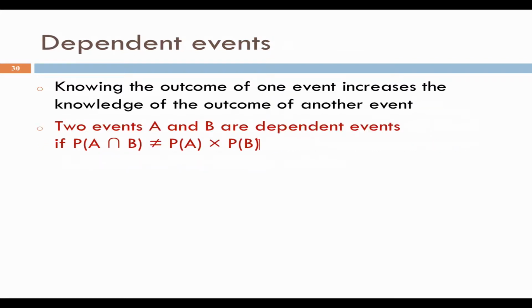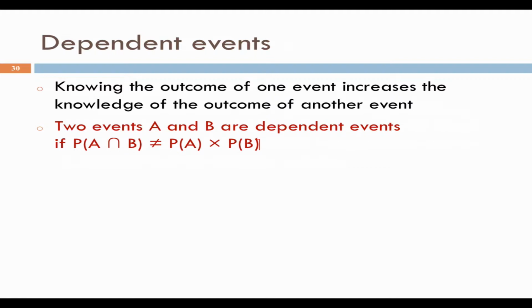And then if you understand what is independent, the next concept is what is dependent, which is just the contrary of independent. That means knowing the outcome of one event will increase the knowledge of the outcome of the other event.